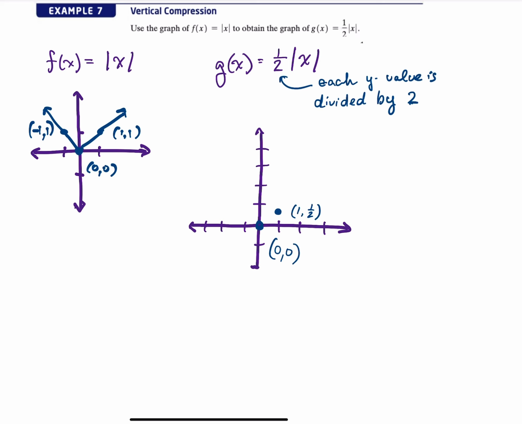And similarly, I should have the point negative 1, 1/2. Think about dividing these two y values by 2. And you can see this will produce a wider V shape. So it flattens it out.